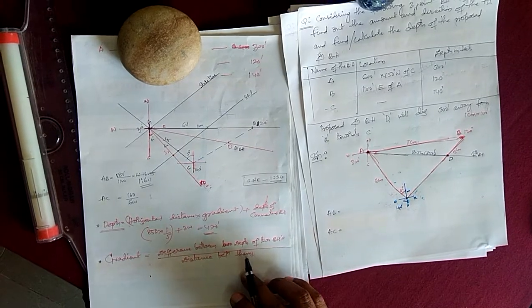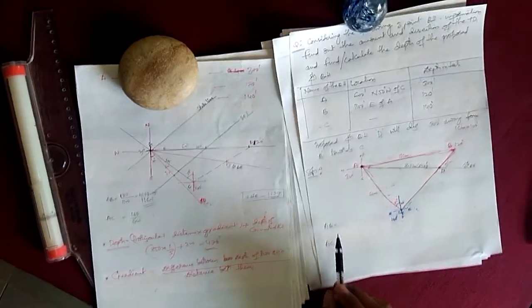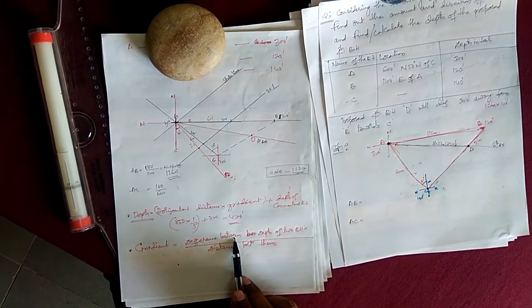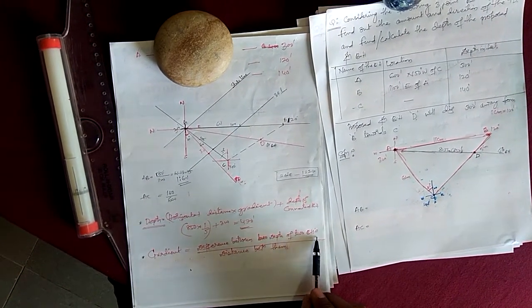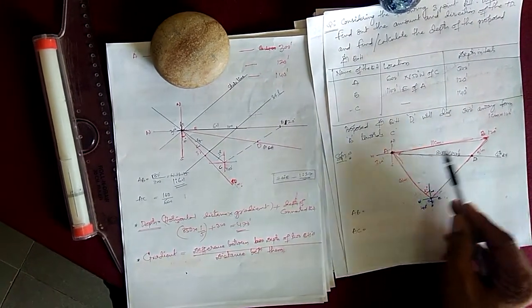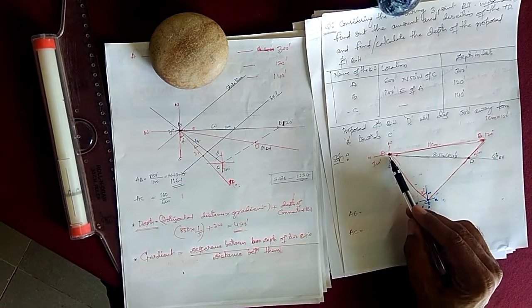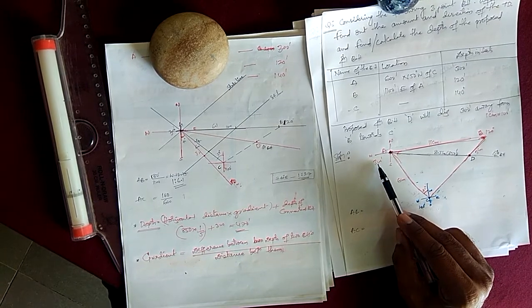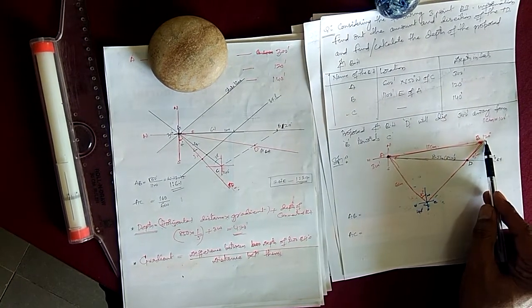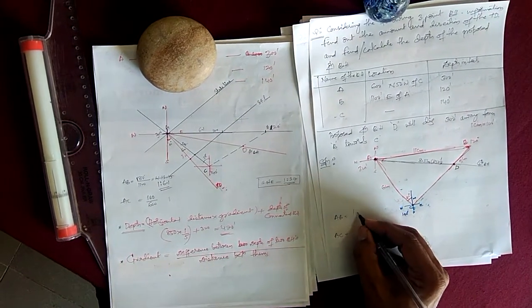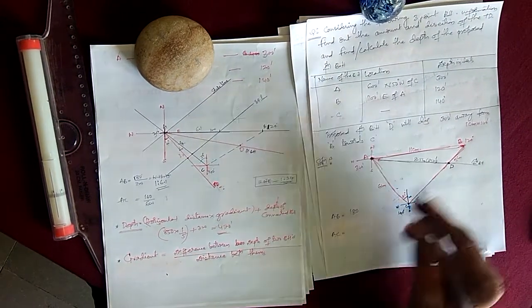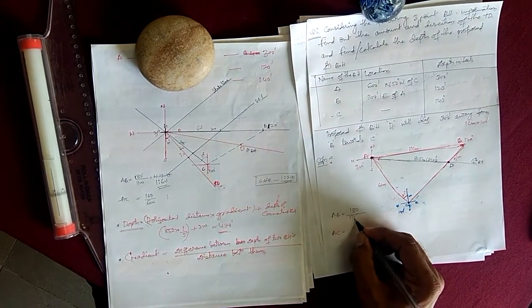Friends, we already know the formula. What is the gradient? Gradient is nothing but the difference between the depths of two boreholes. Here I am talking about A and B. The difference between the depths of these two boreholes is 300 minus 120, which is 180. And the distance between them is 1100 feet.